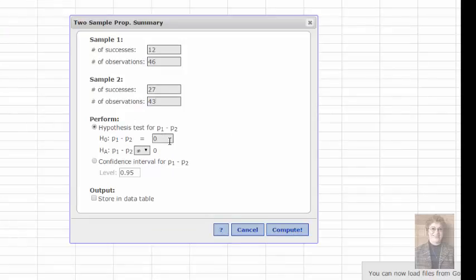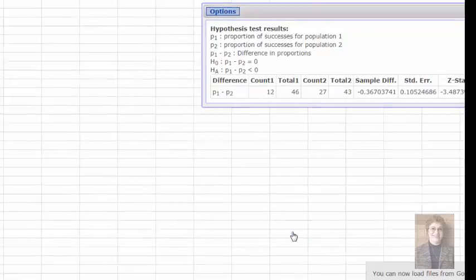That's the same as on the slides when it said P1 equals P2. We thought that P1 would be less than P2. So if we take P1 minus P2, that's going to be less than 0. And let's go ahead and compute.